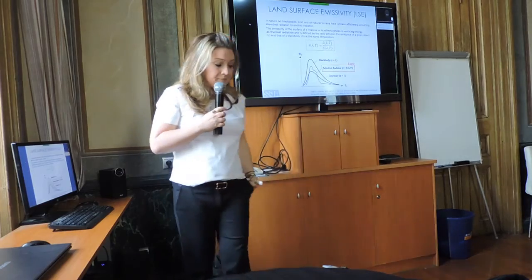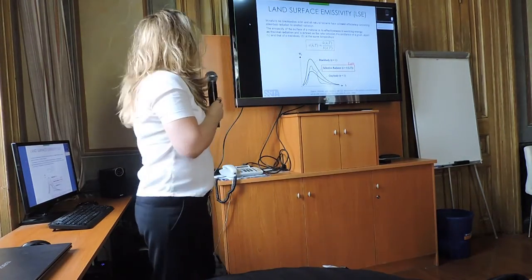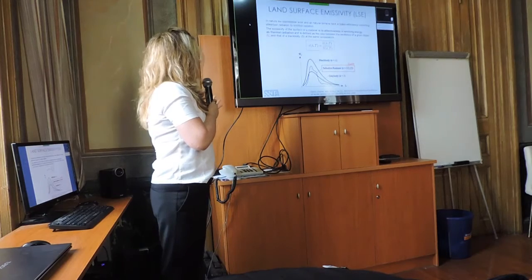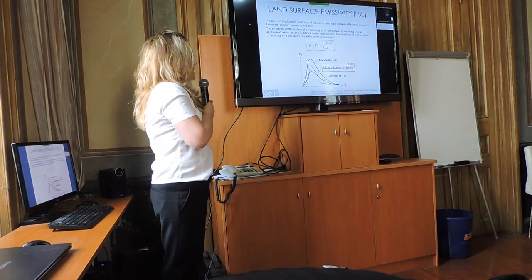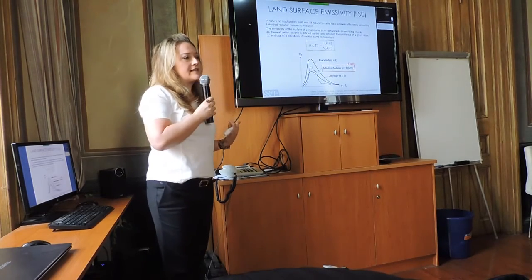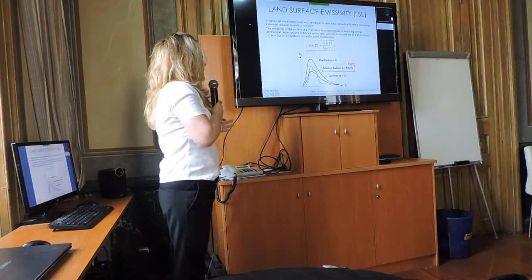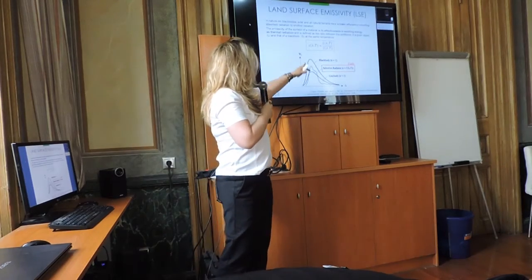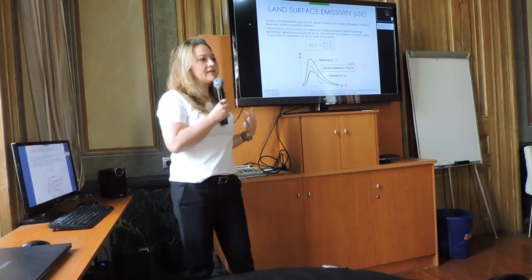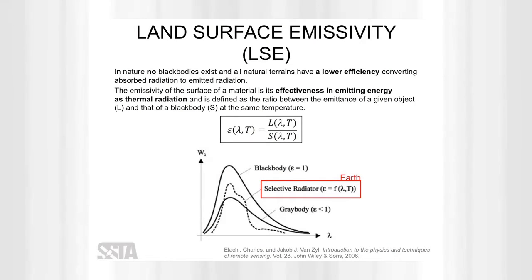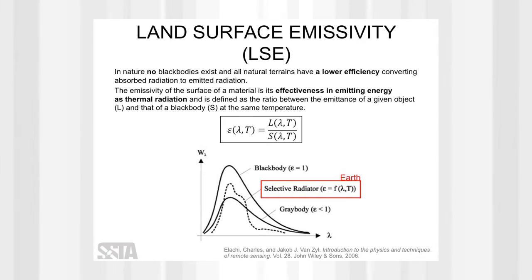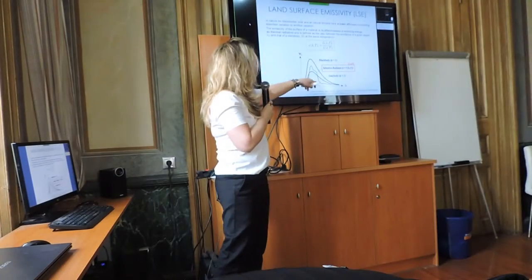The other problem that we are facing is that the land surface emissivity is not equal for all wavelengths and for all different surfaces. So if this is the radiation of the black body, where the emissivity is 1, because you would have a perfect emitter here, so epsilon here would be equal to 1.